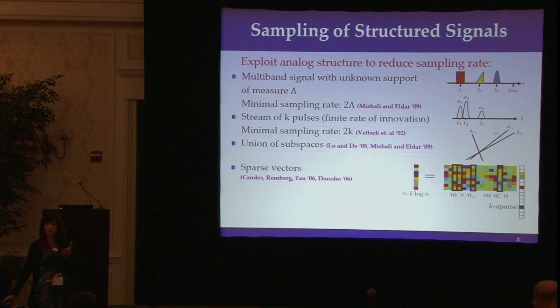There's also the beautiful framework of finite rate of innovation, inspired by Vetterli and many of his colleagues. One special case is the pulse train model, where we have, for example, k pulses. In this case, the minimal sampling rate is 2k, which could be much lower than the Nyquist rate.